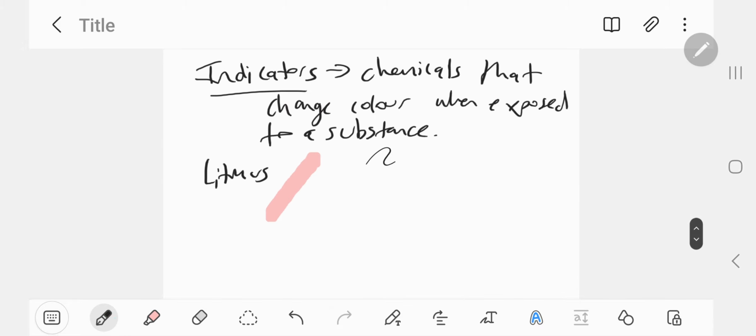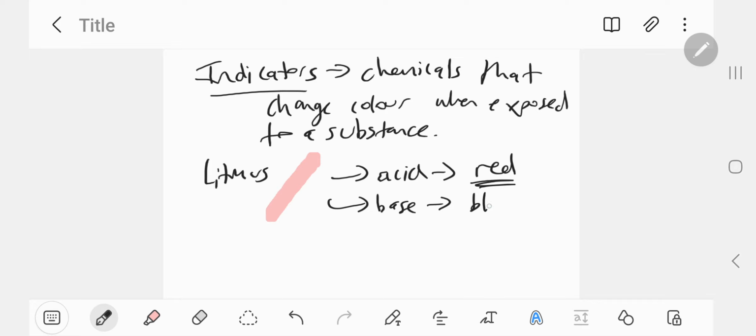And red litmus paper, if you put that in an acid, it turns red. If you put it in a base, it turns blue. Now, litmus paper is great. It shows you qualitatively, so in terms of statements, no numbers, whether a substance is acidic or basic. It doesn't tell you the pH of a substance.